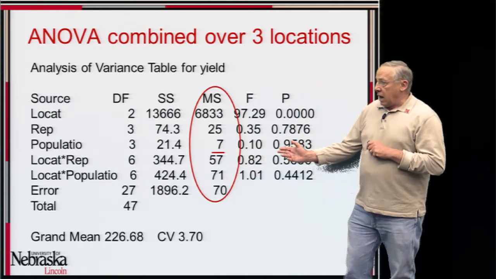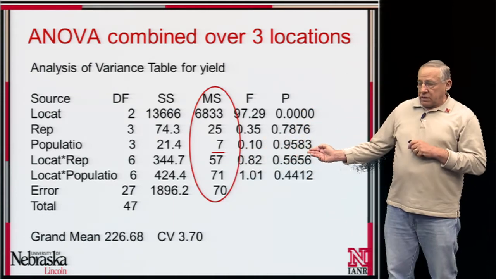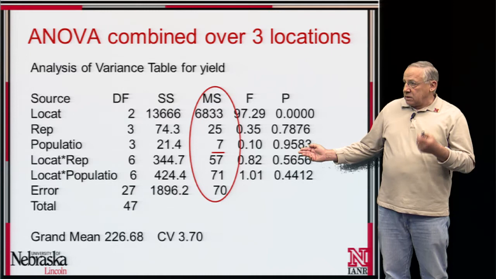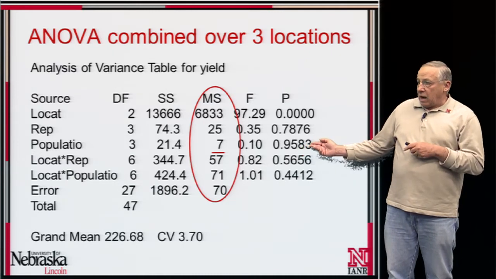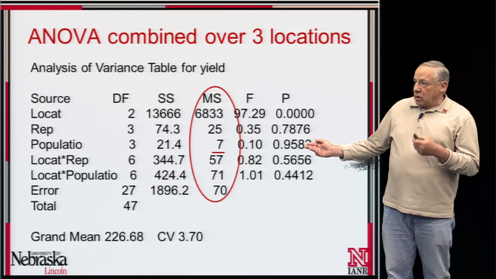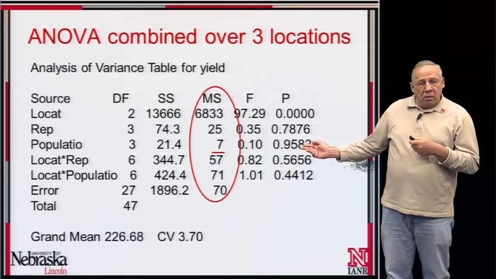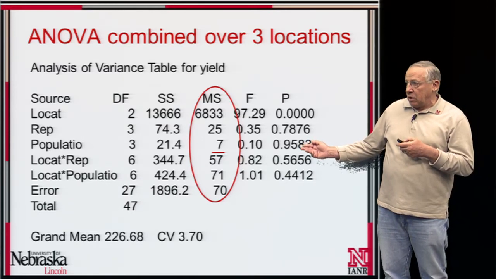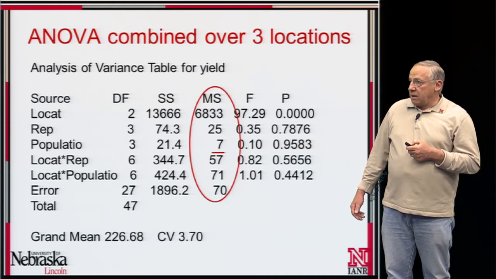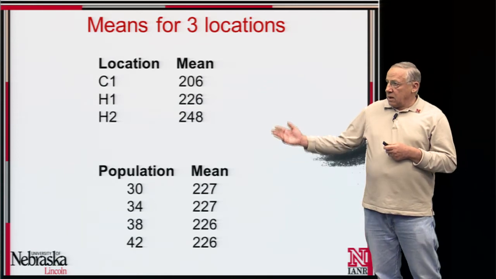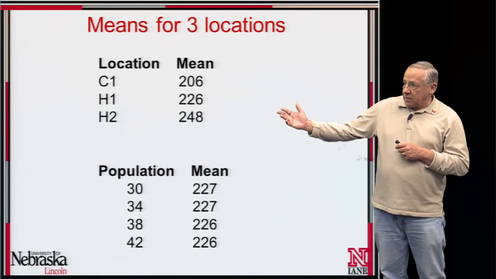If we look at the probability of differences, we see that it's going to be very small. If we subtract this number from 1, it tells us that we only have about a 4% chance of getting similar effects if we repeat this research under similar conditions. Here we do see the means from this.